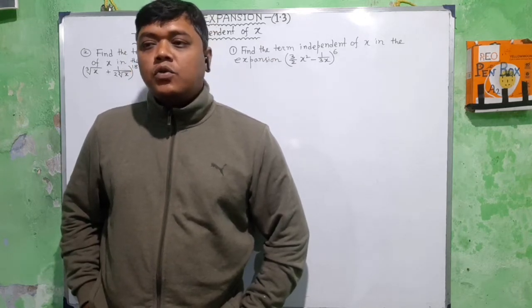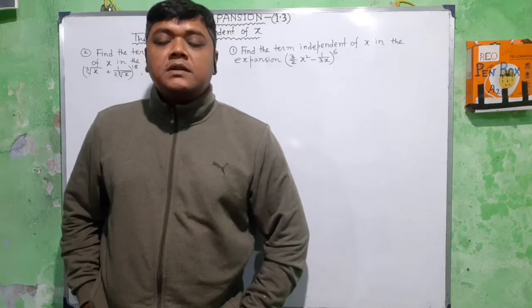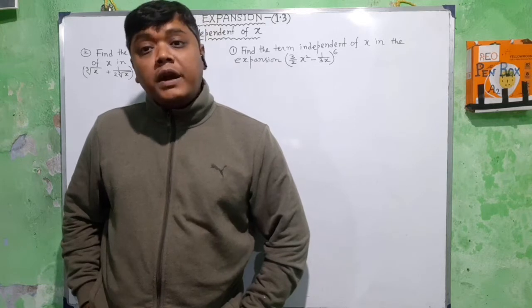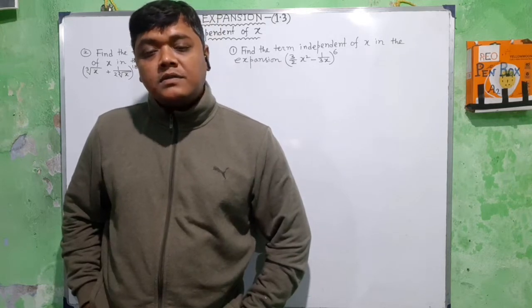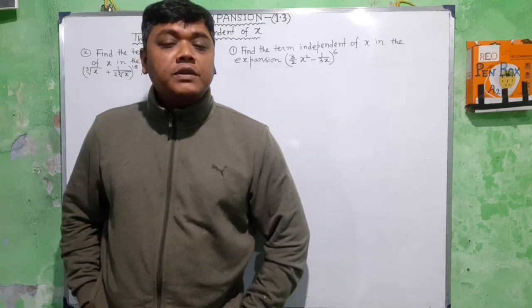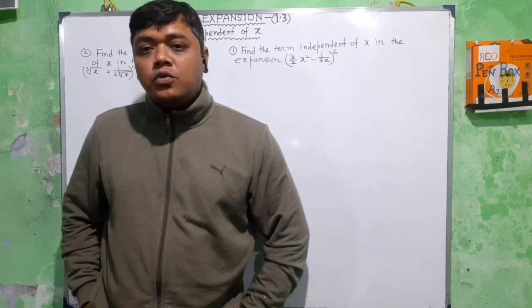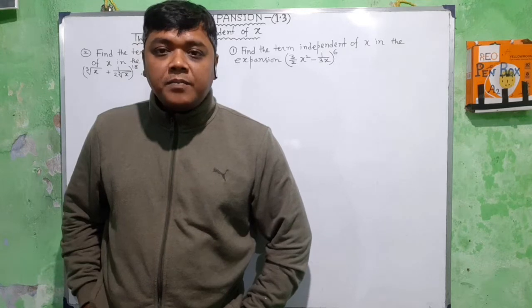The basic key concept of this topic we have already discussed in the previous class, and we are continuing that theoretical part in this video. So we will solve some tricky type problems.